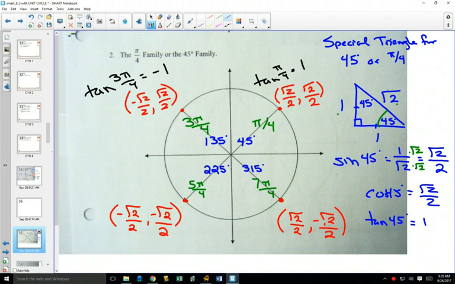Yeah. And in quadrant 2, one of them's positive, one of them's negative. You're going to get a negative. In quadrant 3, they're both negative, so when you do tan of 5 pi over 4, you get positive 1. And tan of 7 pi over 4 is -1 again.